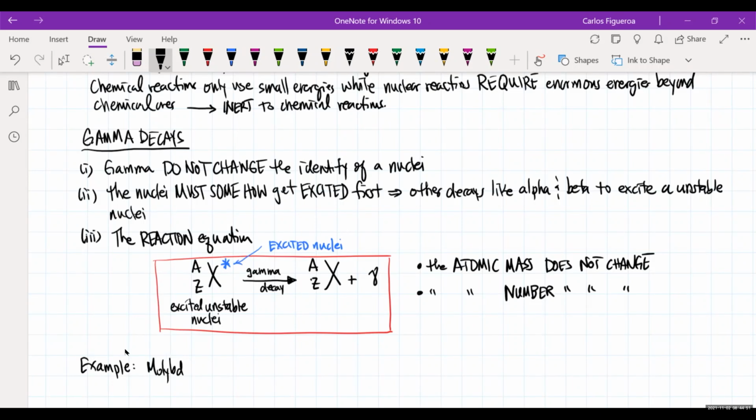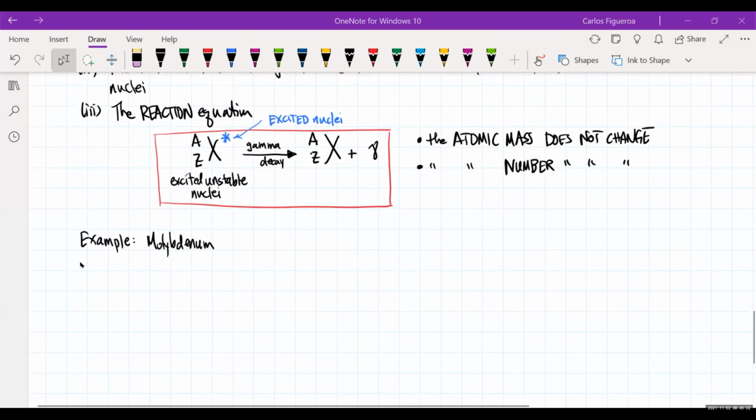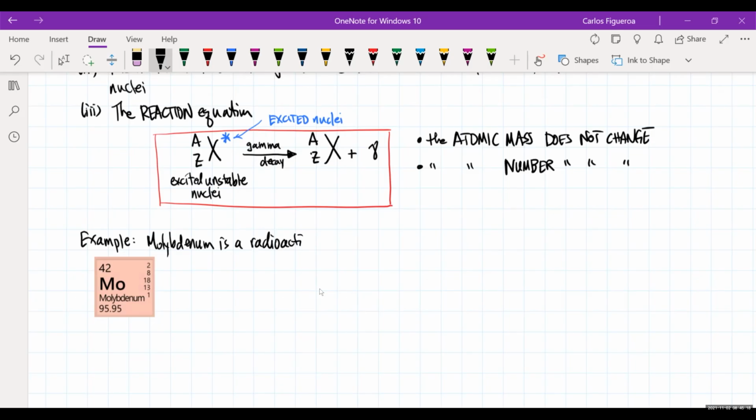Oh, I forgot how to spell that. Let me go get it. So here we are. I have molybdenum, and it's a radioactive liquid with a short lifetime.